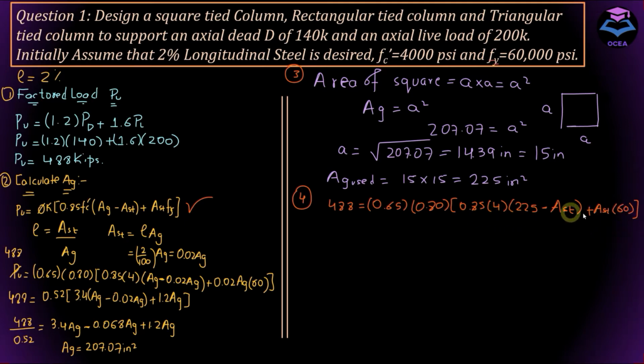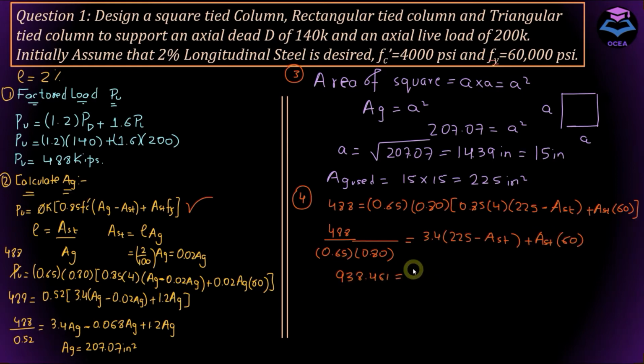Now you can see that we have only one unknown in this equation, which is the area of steel, and Ast from here is equal to 3.064.